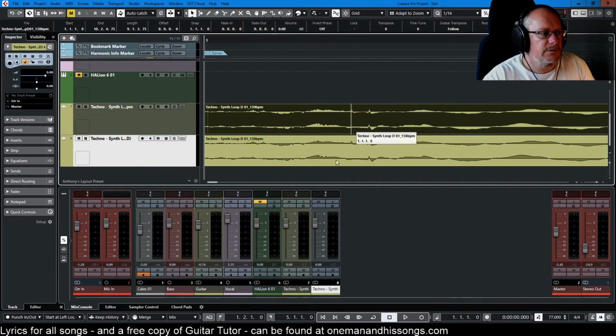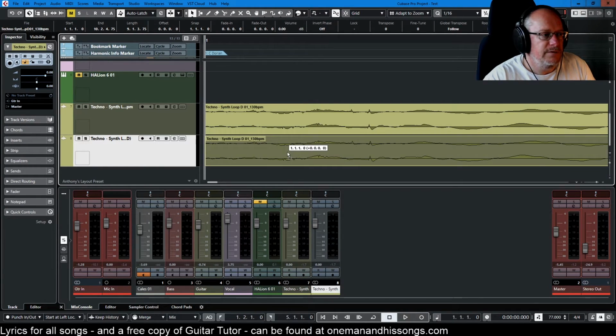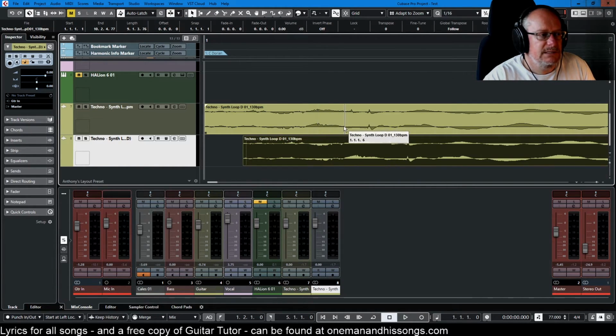So now if I pick one of these samples up and move it, so that when this sample is in its positive phase, the sample below is negative. Now let's hear what those two waves sound like together.